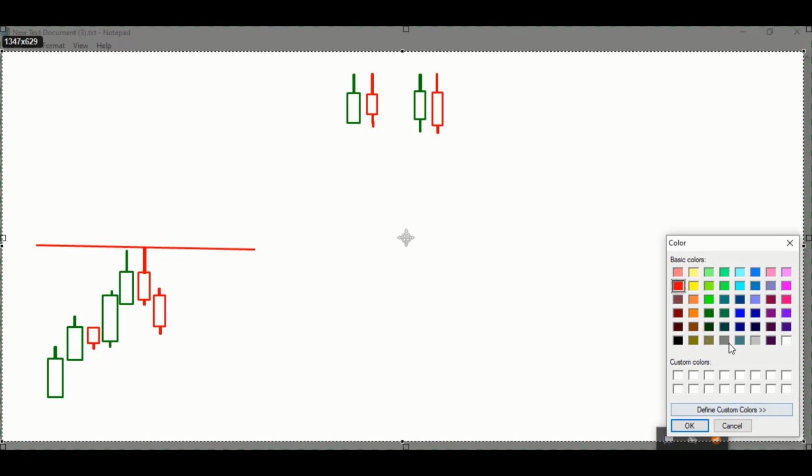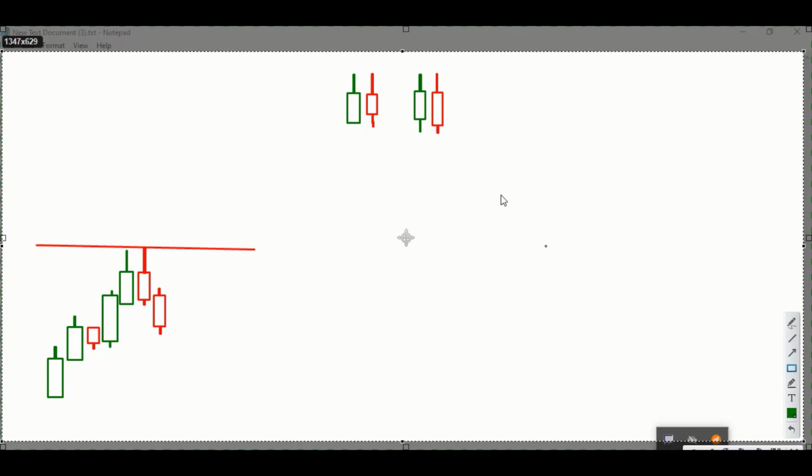I'm drawing here, it can be like this one.